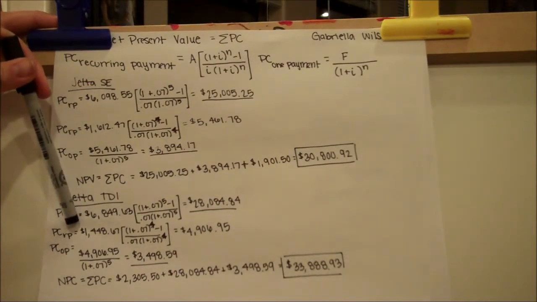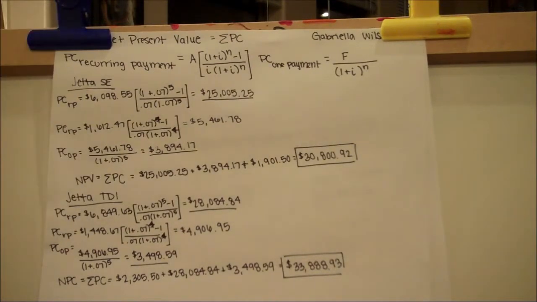So our first equation, present cost of recurring payment, equals the amount of the recurring payment, which is $6,849.63 multiplied by (1 + 0.07)^5 minus 1 divided by 0.07 multiplied by (1 + 0.07)^5. And that number equals $28,084.84.